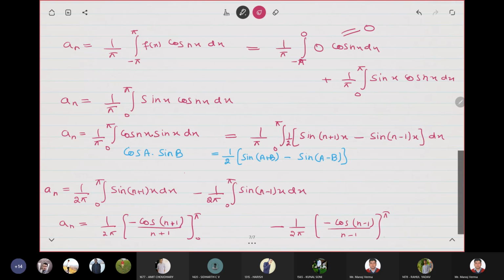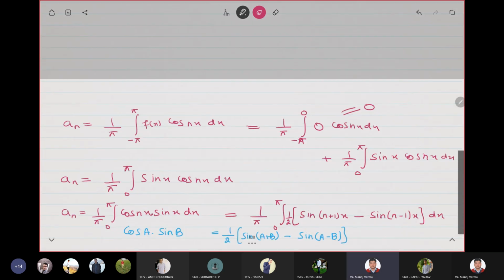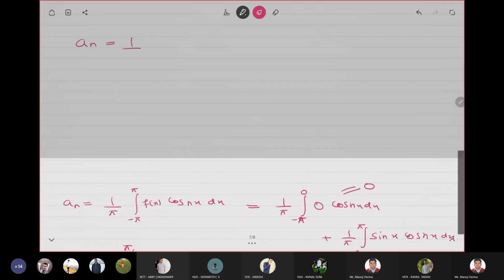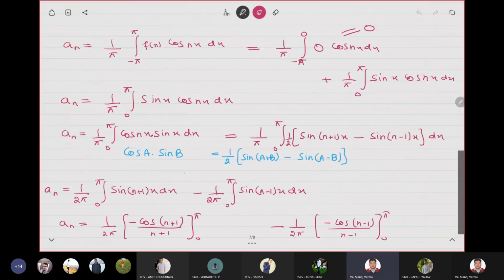So, if you can see from this, minus minus on second expression, this minus minus will become plus, and from first expression a negative will come outside. Okay, so my a n will become, I am taking this 2 pi from both the expression common.